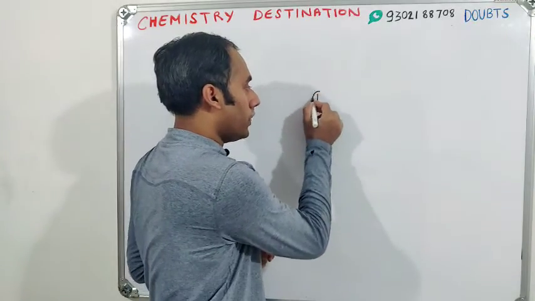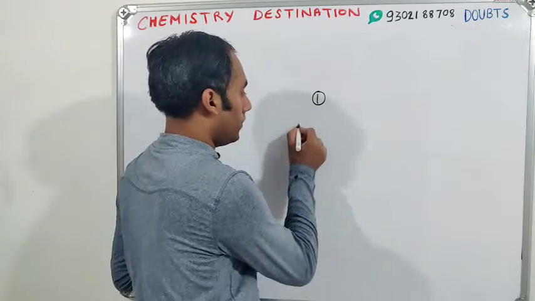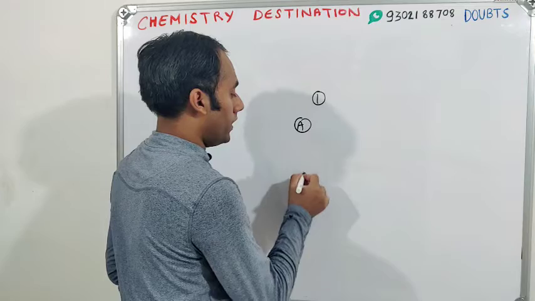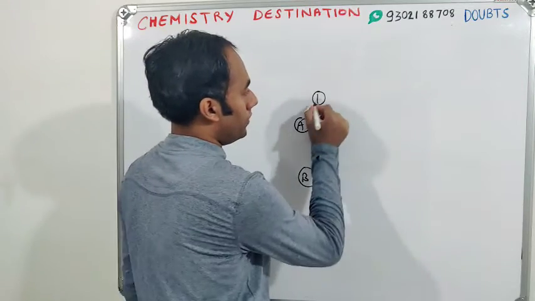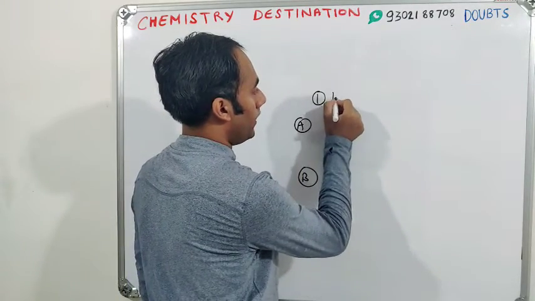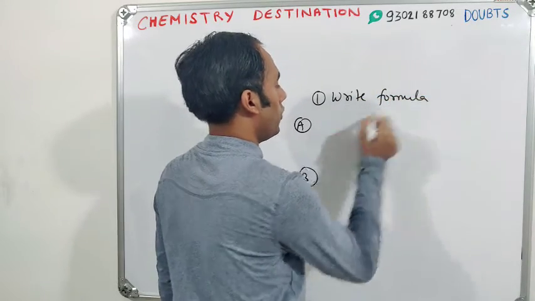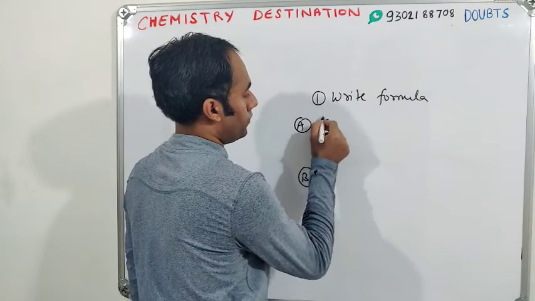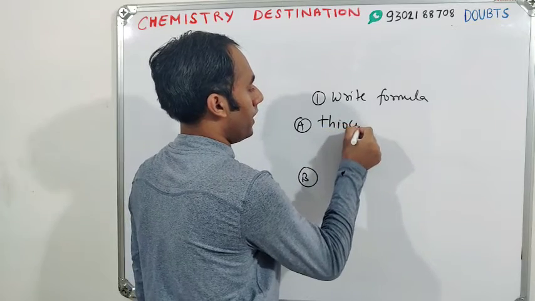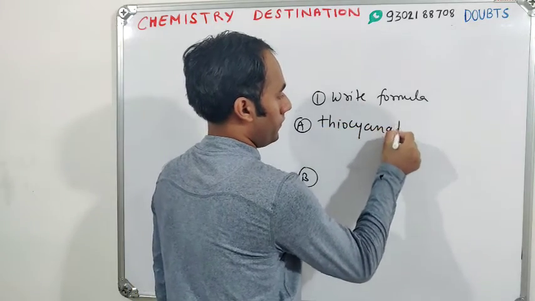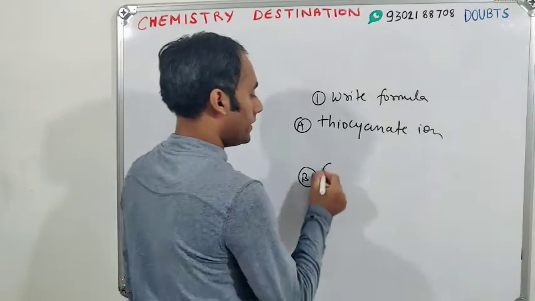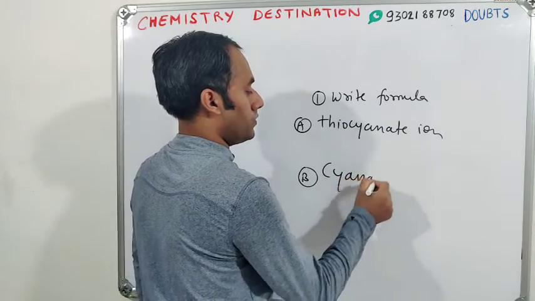Question number 1 has 2 parts, and we have to write the formula of thiocyanate ion and cyanate ion.